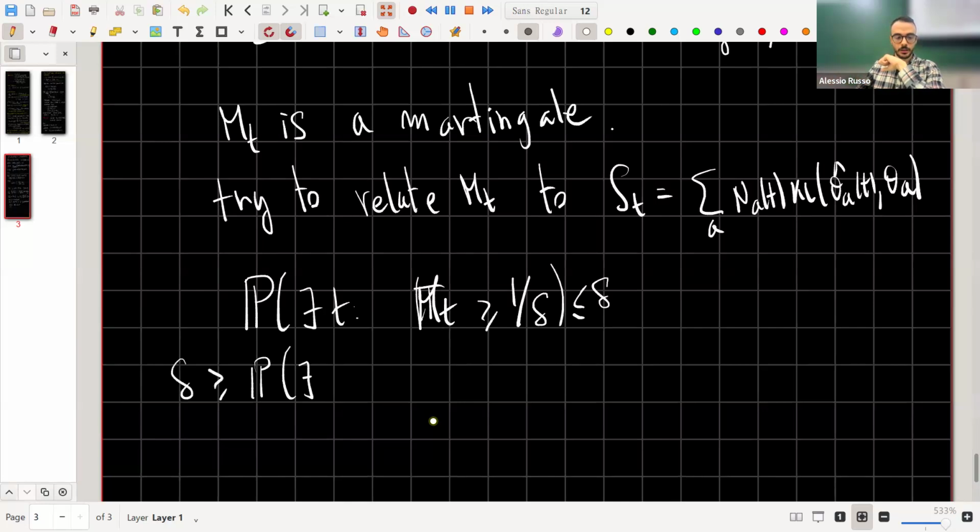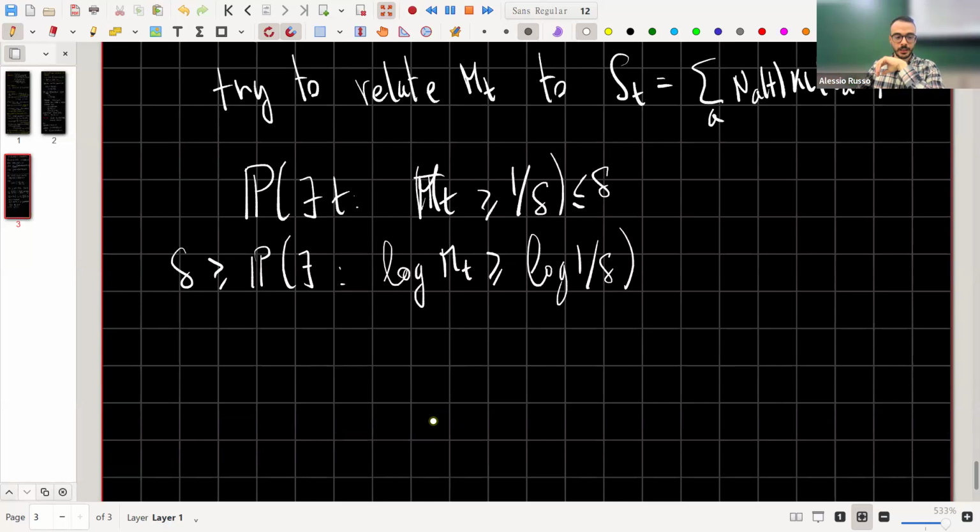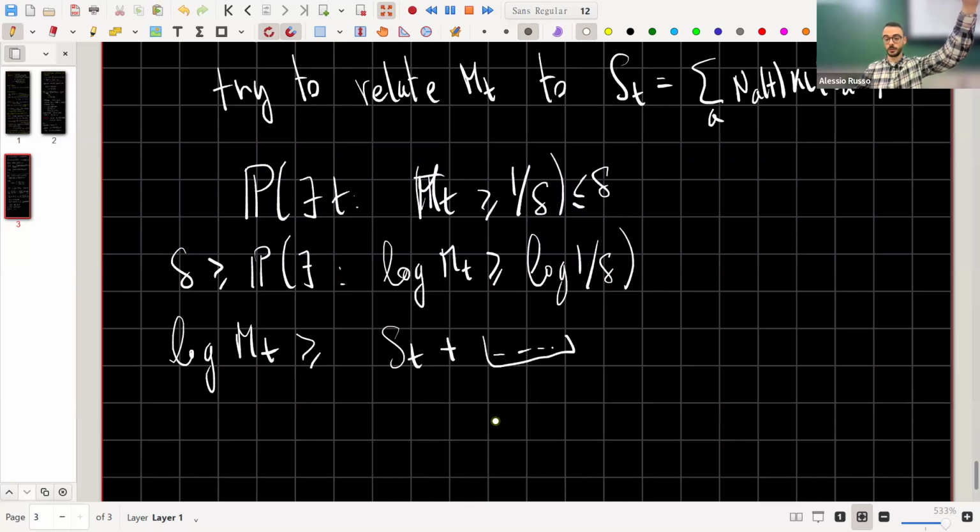So we know that delta is bigger than also this quantity here. So we apply the logarithm because it's a monotonic transformation. And then what we will do is try to show that log MT is lower bounded by ST plus some other stuff. And this other stuff will be beta, the threshold rule, beta T delta.